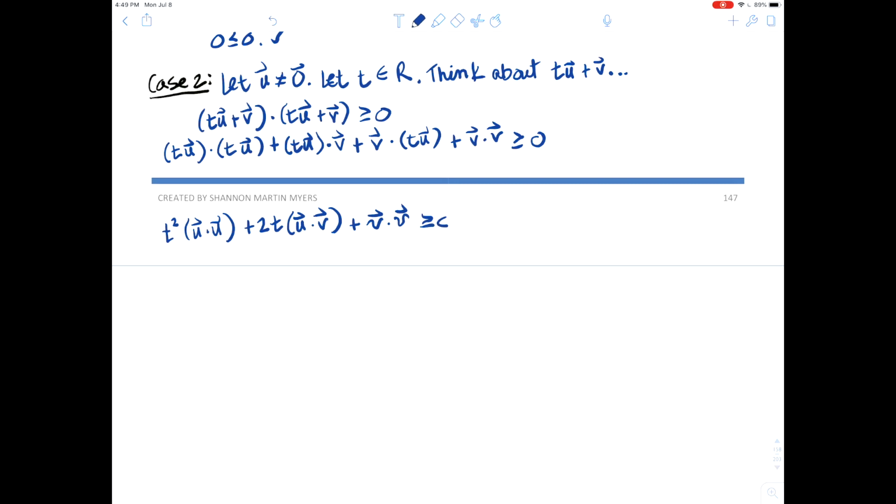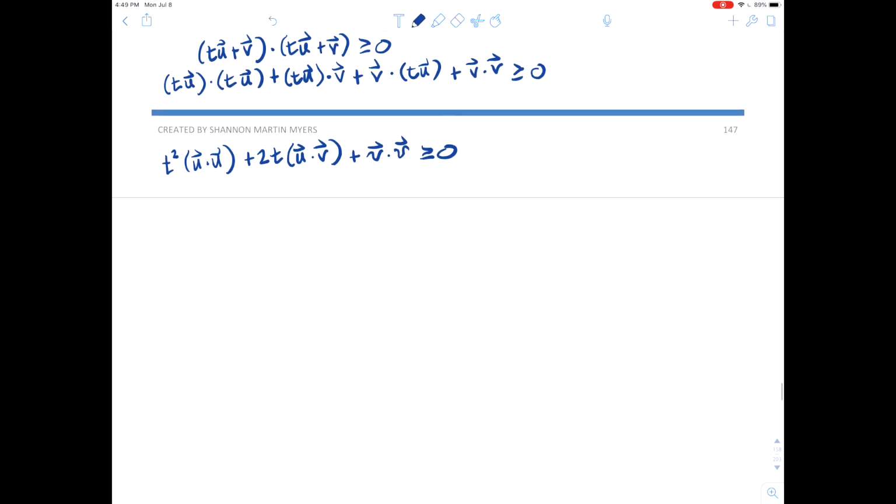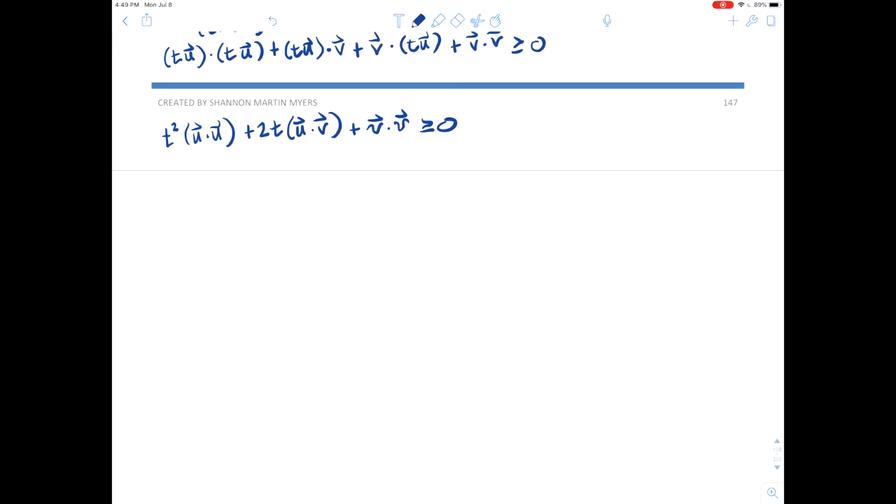And this has to be greater than or equal to 0. So, what does it look like here? I mean, isn't this quadratic in form? So, what if I let a equal u dot u, b equal u dot v, and c equal v dot v?